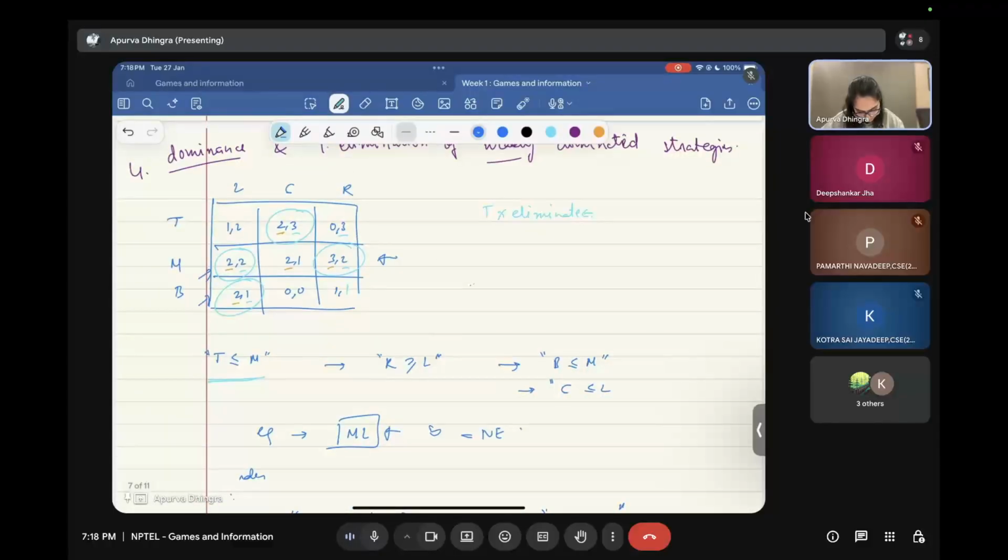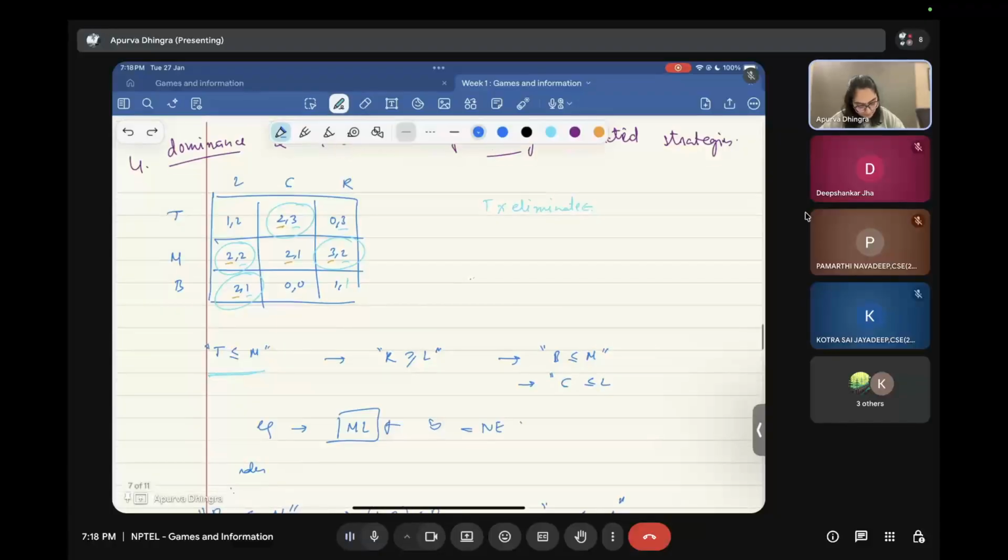Okay, hold on, what happened? My bad. So if we have eliminated T, all we are left with is this component. We are not supposed to look at the first row anymore. In that case, this was originally 0, right? L is better, which is what it was.